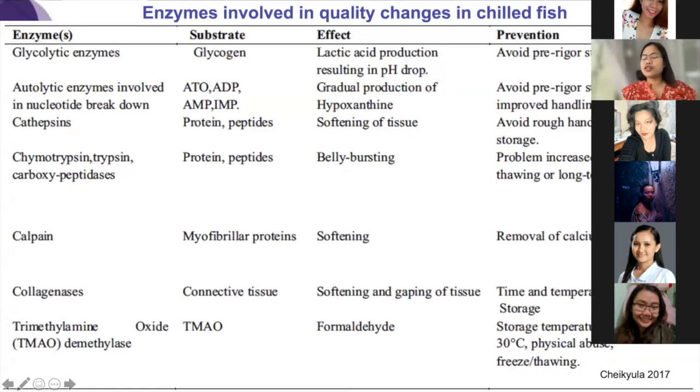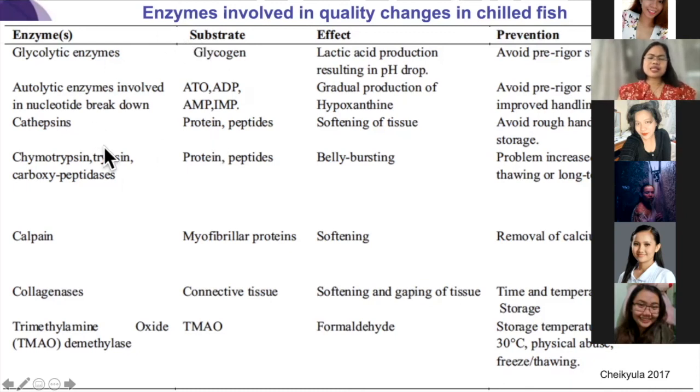Yung household refrigerator natin kasi it's at negative 18 to negative 20. So hindi enough na i-keep lang natin yung fish natin at household ref. That's why yung mga nanay natin ayaw pa rin mag-stock ng isda kahit frozen siya. Kasi hindi enough yon to really keep your fish fresh. Kailangan at much lower temperature pa.